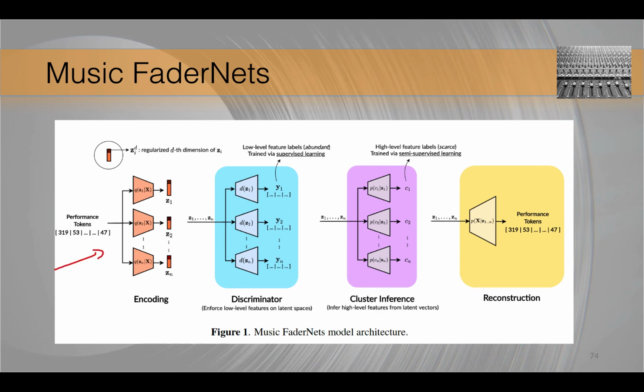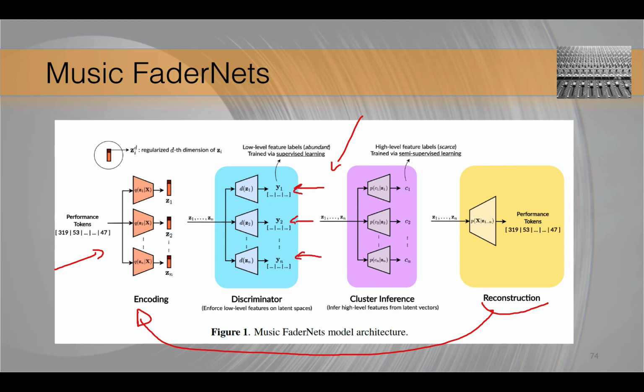We feed it notes, and we try to force it to reconstruct the notes that we feed it. This is what we call an autoencoder. Now, there's very complex statistics used inside, and it forces the discriminator here to disentangle different high-level musical features.